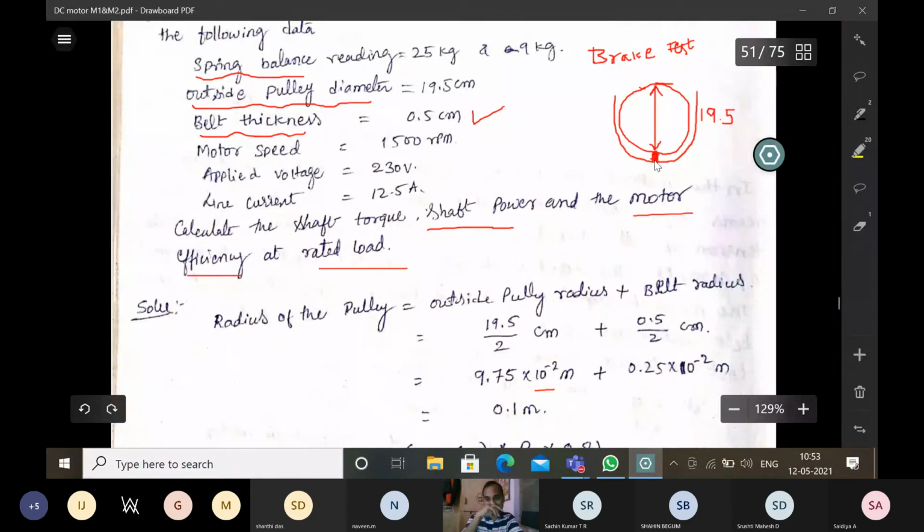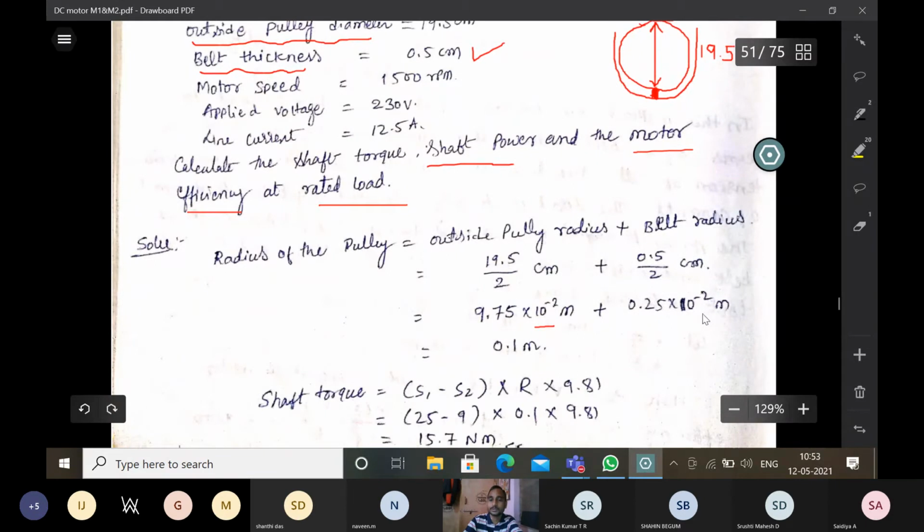Divided by 2, it will give the belt radius. This is also in centimeter, converted into meter with 10 raised to minus 2. So what is the total answer? The total radius of the pulley is 0.1 meter.